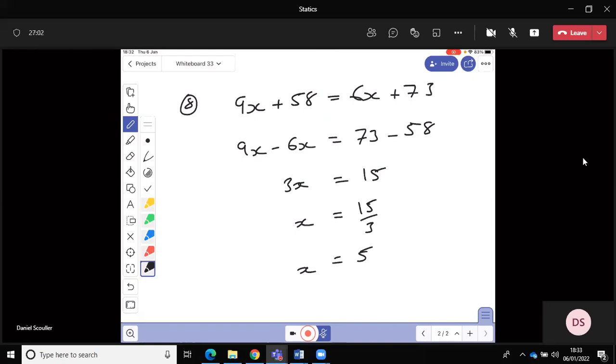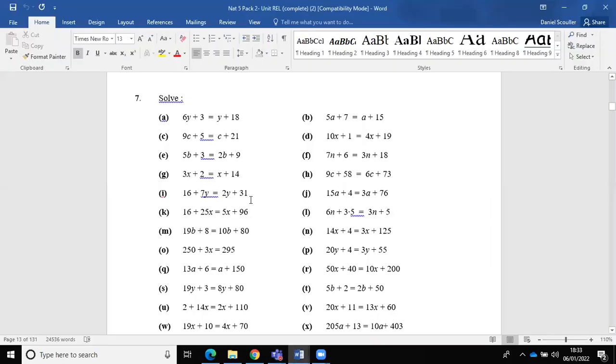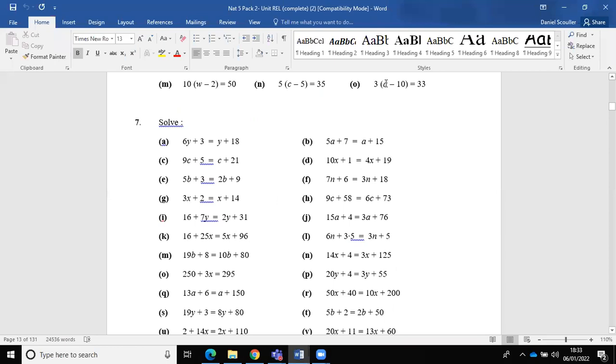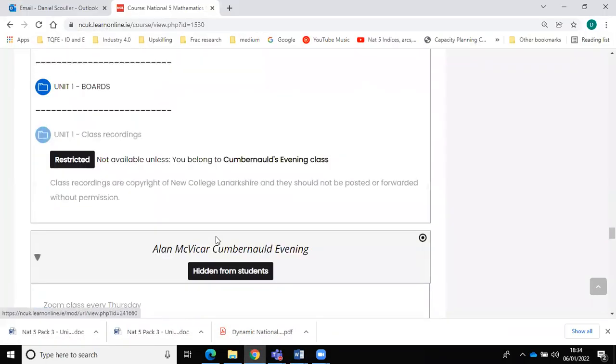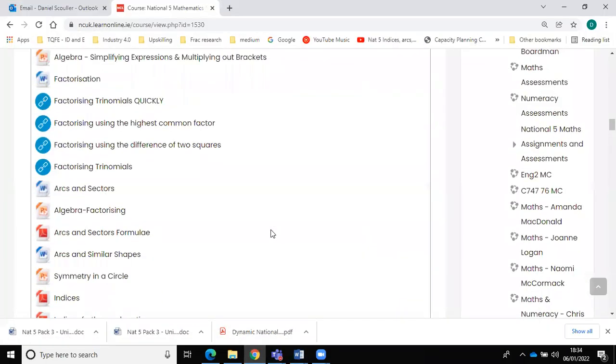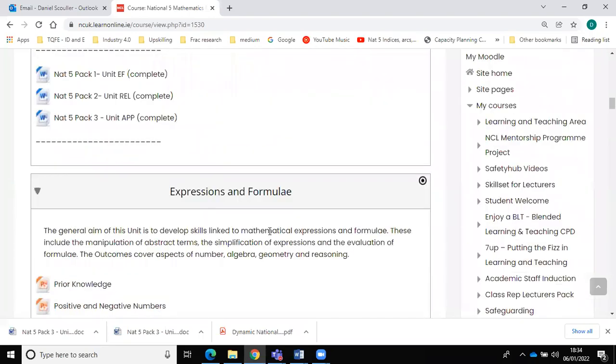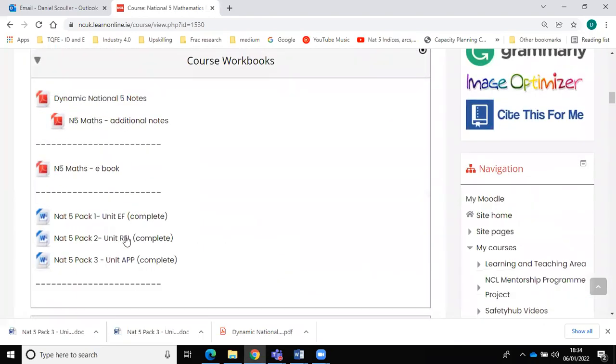So just have a wee practice on that, just have a wee look. Open up the document. Remember, it's the second one, which is the relationships one, pack 2. When you're in Moodle, make sure you can get back into Moodle.